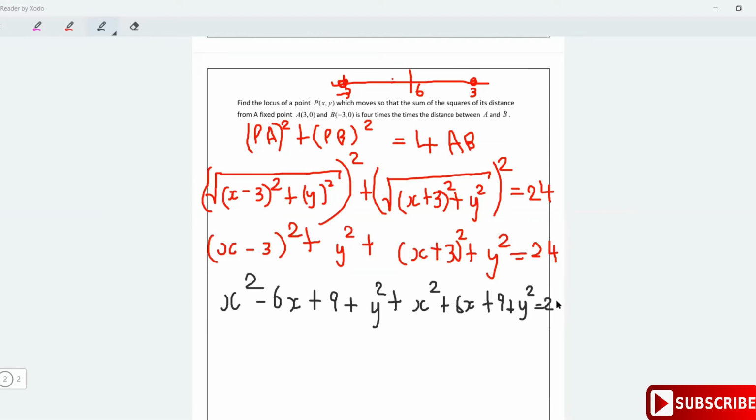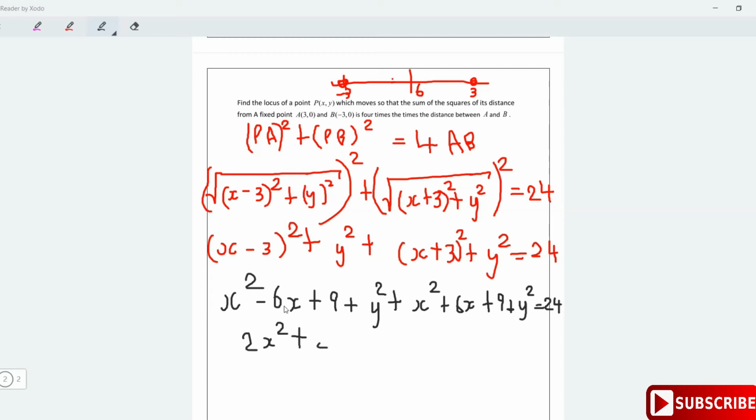So now what? Well, x squared plus x squared is 2x squared. Y squared plus y squared is 2y squared.